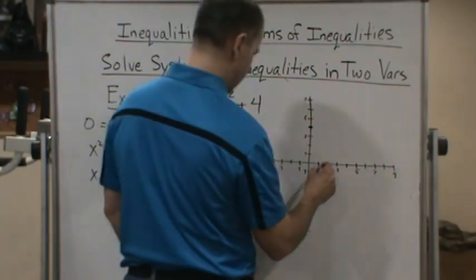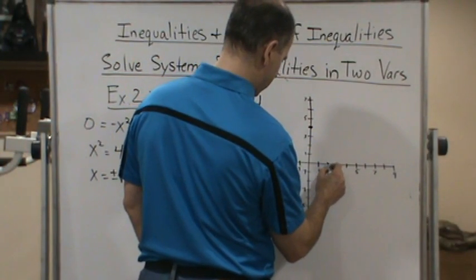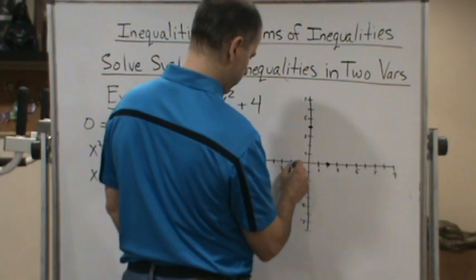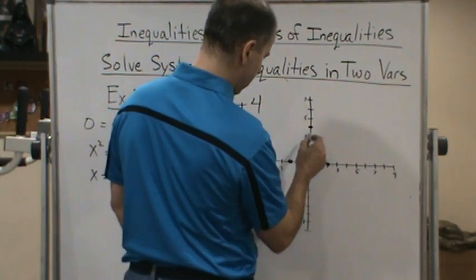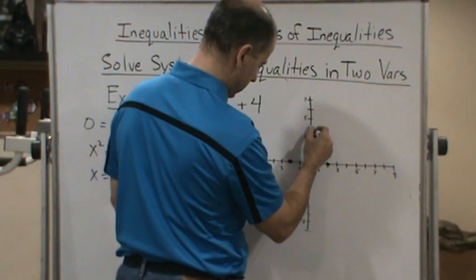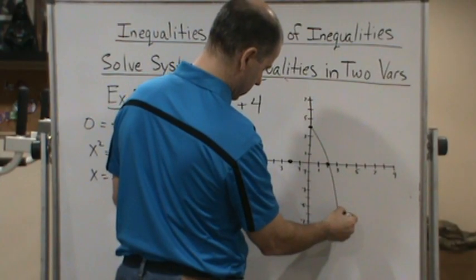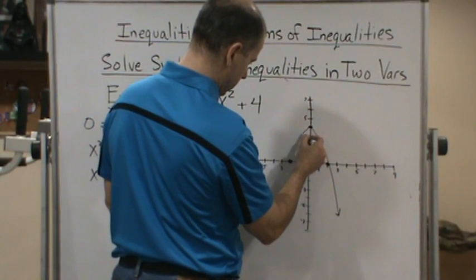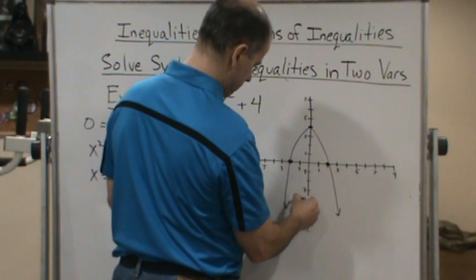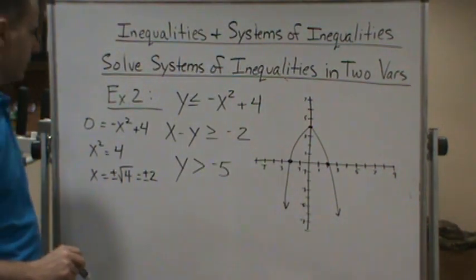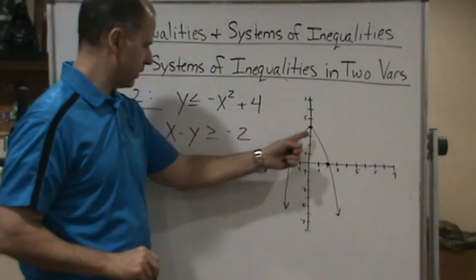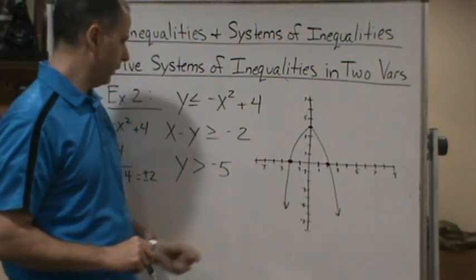So that means the x-intercepts are going to be here and here. So we have a parabola that does that, right? And since it's equal to, it's going to be a solid line, okay?